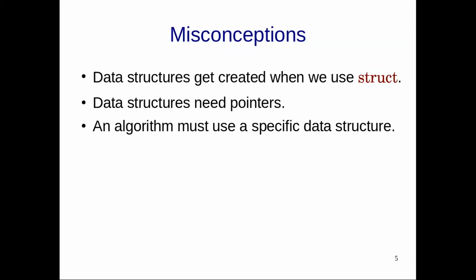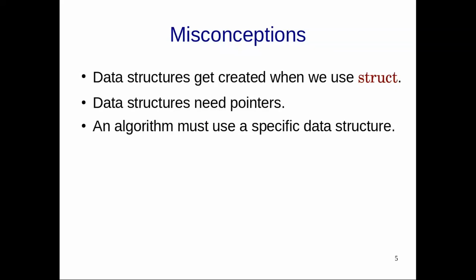An algorithm which your application is utilizing must use a specific data structure? No, that is not the case. Typically, the algorithms can use different data structures. For the same problem at hand, when you design an algorithm, you can replace a data structure by another one and still achieve the same functionality.